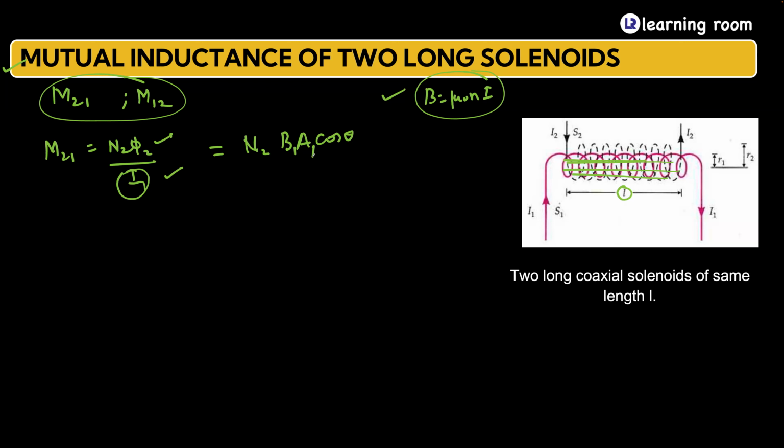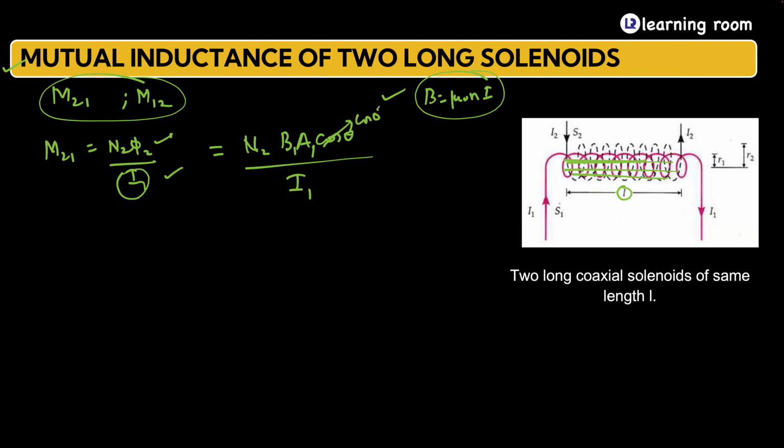And you should always consider the area of the smaller loop. So what is going to be the area of the smaller loop here? It is A1. So it is going to be N2 into B1 into A1 into cos theta, the whole divided by I1. And cos theta is going to be the same, cos 0 degrees.